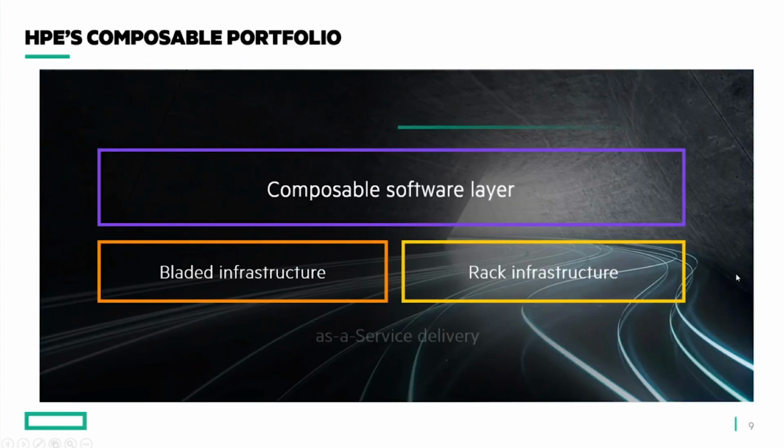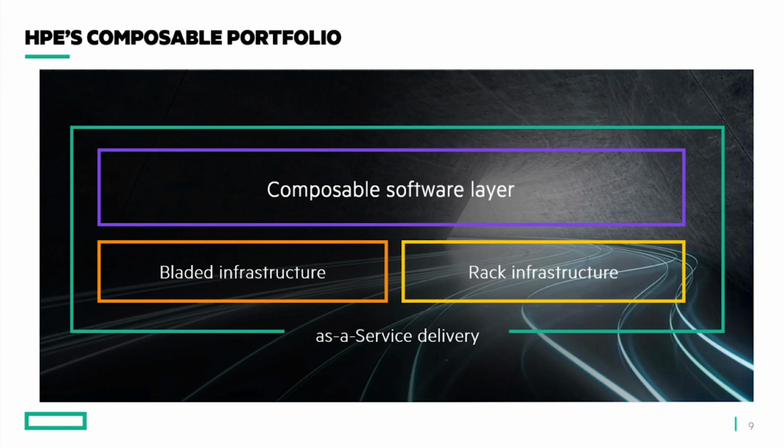So what we're really doing here is expanding our composable portfolio from only bladed infrastructure, specifically Synergy, to rack infrastructure with a common OneView management and API experience. This brings a very similar management experience, in many cases identical, to rack infrastructure, which has been a very difficult problem to solve historically.